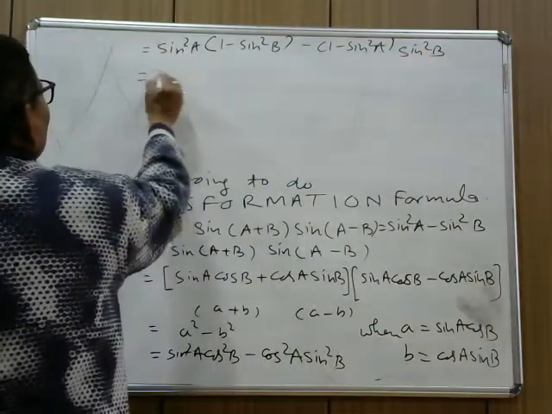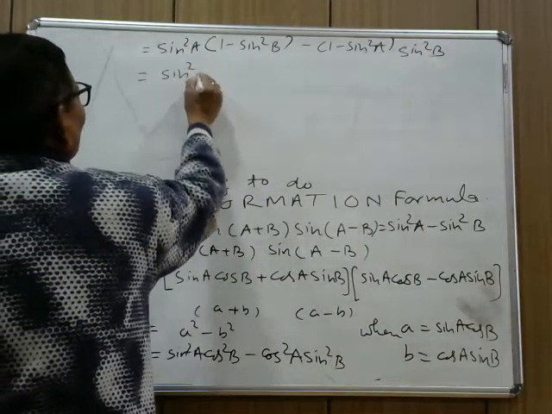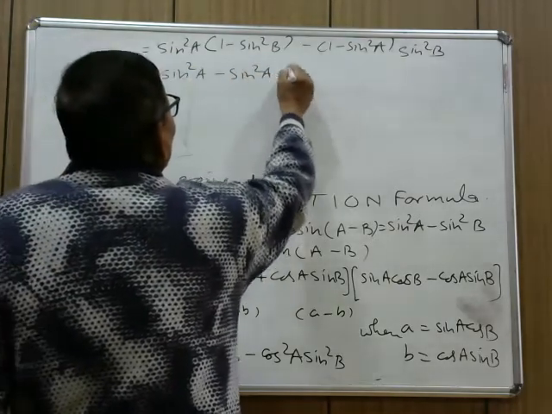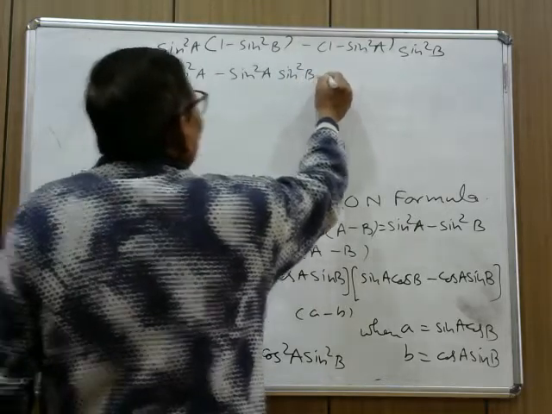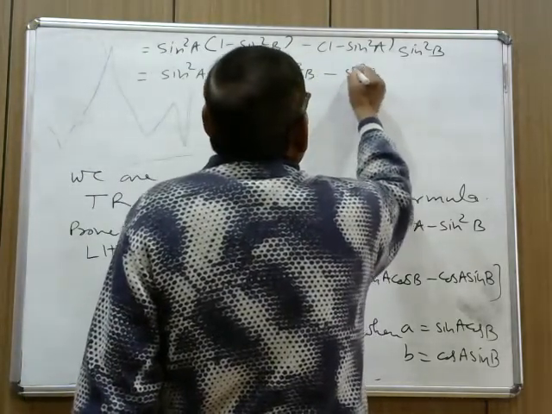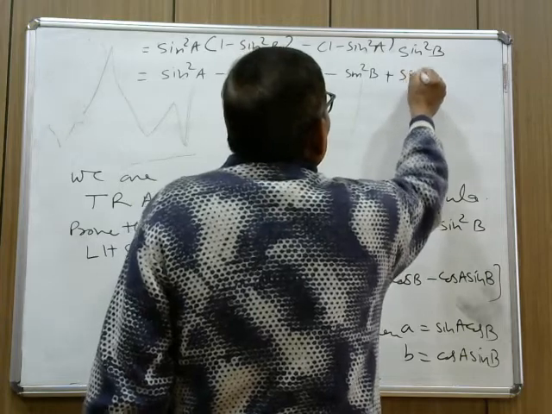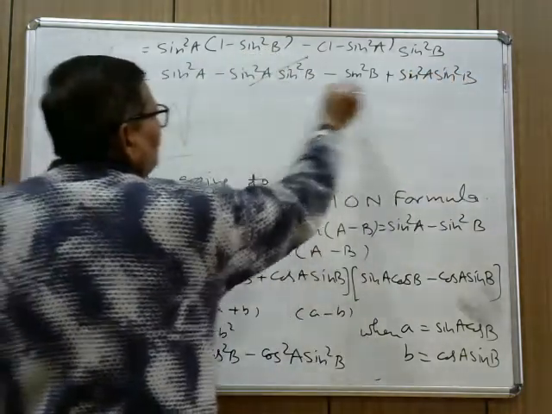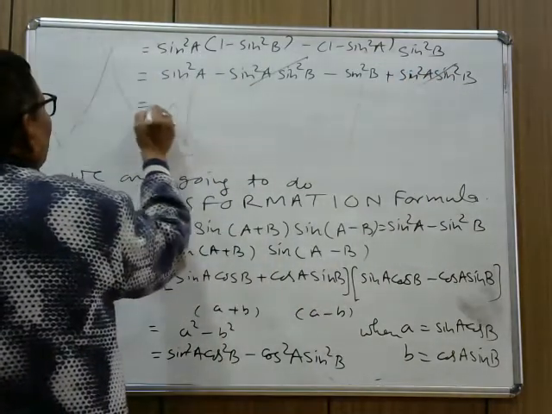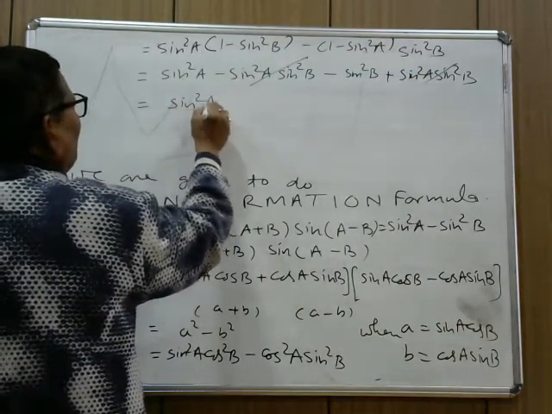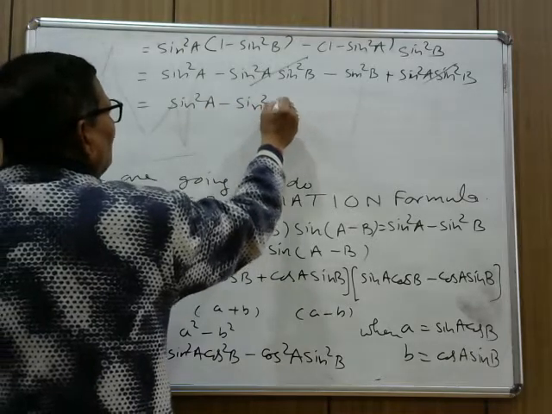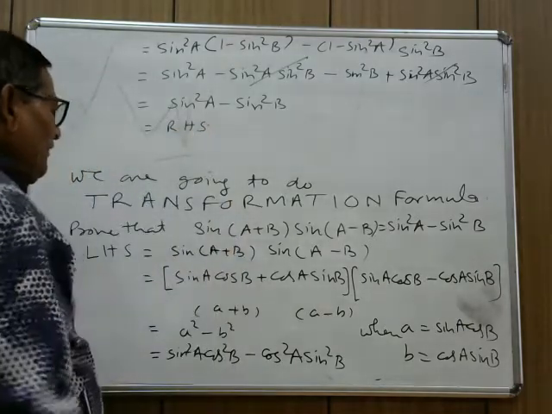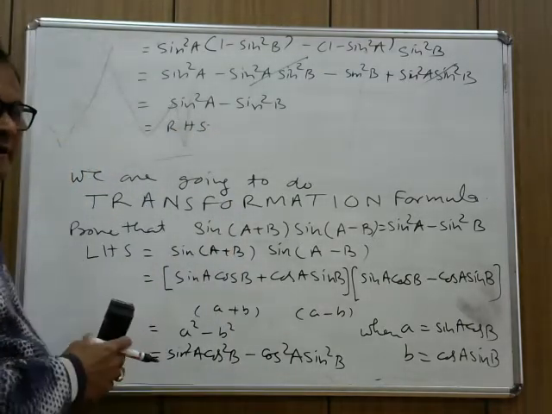Open the bracket: sin square a minus sin square a sin square b minus sin square b plus sin square a sin square b. These two terms will be cancelled. This is equal to sin square a minus sin square b. This is your RHS. This is the first transformation formula.